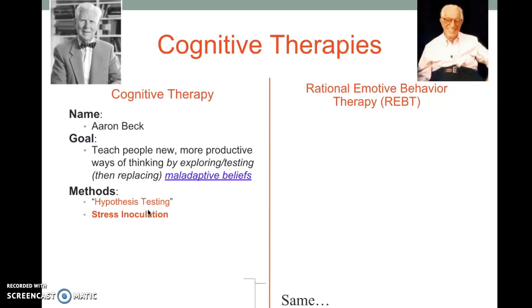Cognitive psychotherapists, and especially people practicing CBT, also regularly make use of something called stress inoculation. So if someone is worrying in anticipation of an upcoming event, you might ask them to think through the worst possible version of that. If they're worried about an upcoming exam, for example, you might have them think through, well, what would happen if you weren't able to study at all?